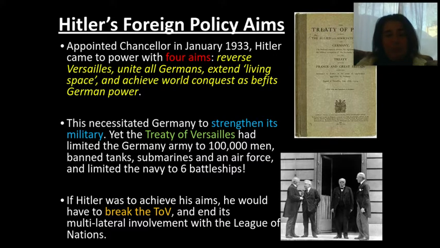You have already organized your slides with at least four clear different aims. The first one, the most important, which allowed him to accomplish all of them, was the reversal of the Treaty of Versailles, with the special objective to unite all Germans, extending the Lebensraum, this living space, and becoming a stronger Germany.